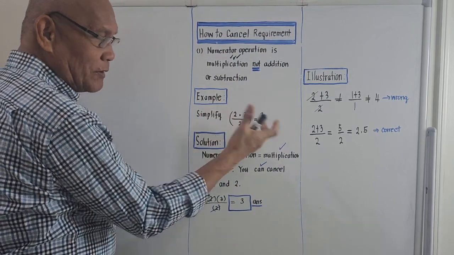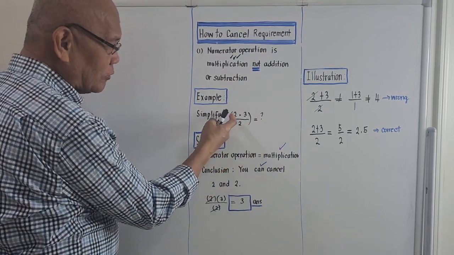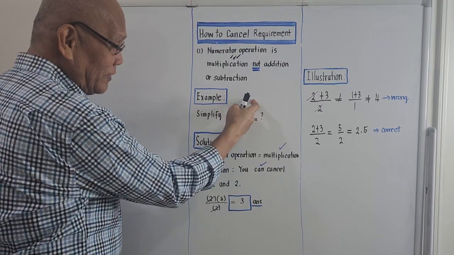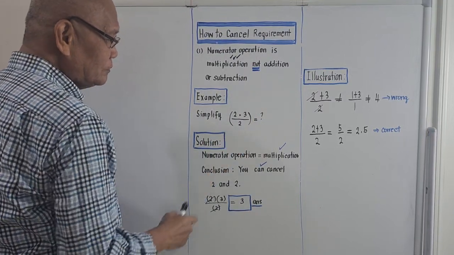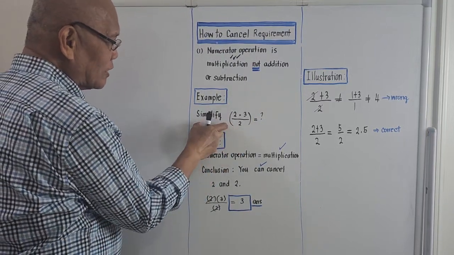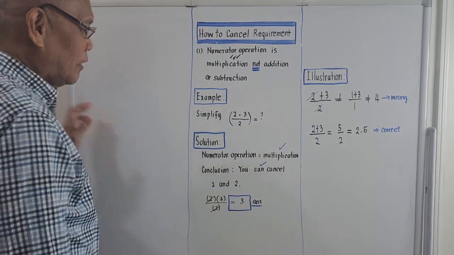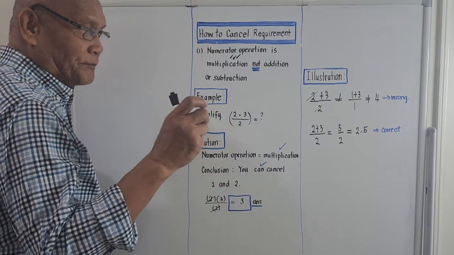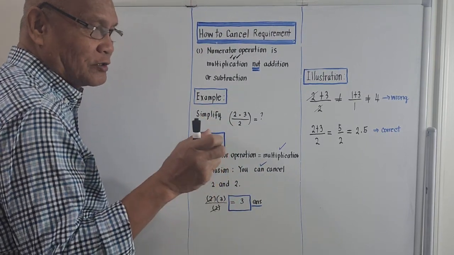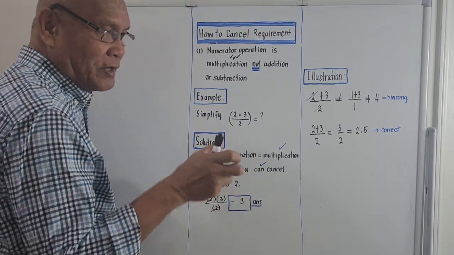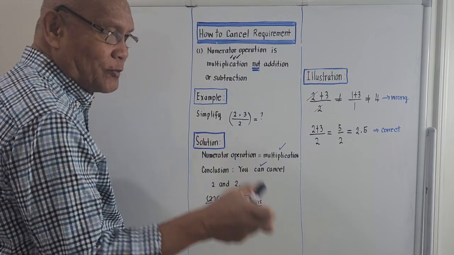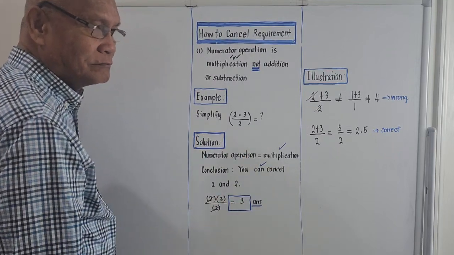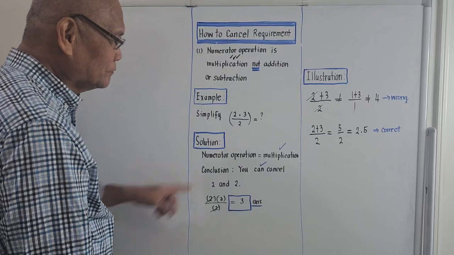Simplify the given fraction: the product of 2 times 3 all over 2. The problem is asking that we simplify this one. Let's try to bring out the solution. The first thing that you will be asking yourself is, is the operation on the numerator multiplication?